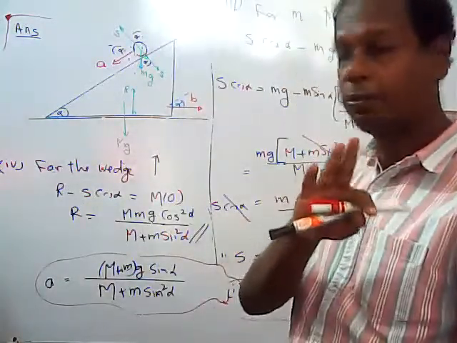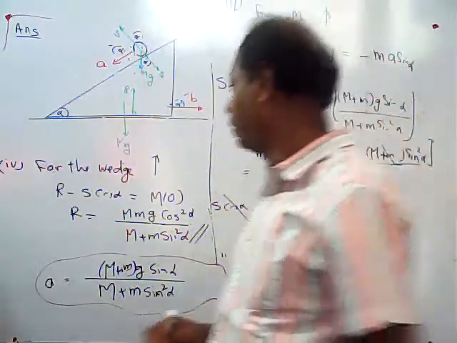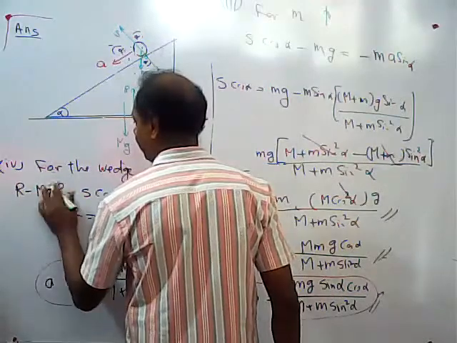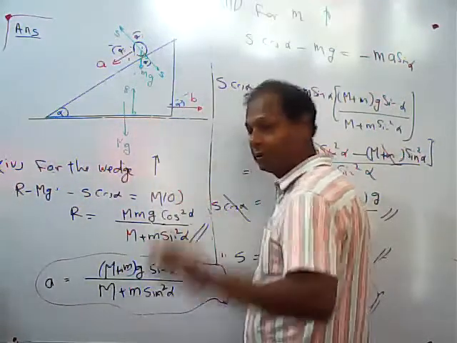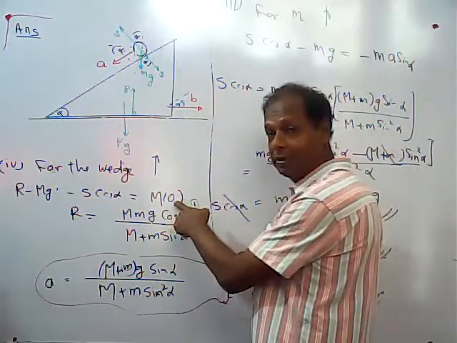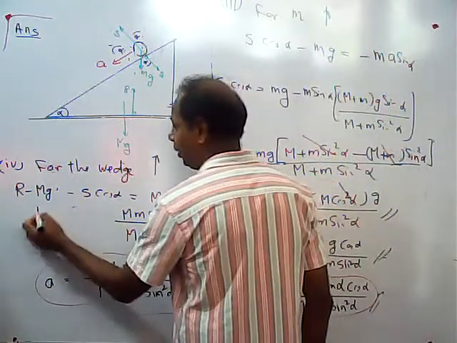For that case, you mean that? Yes, I'm sorry. R minus MG. Yes, correct. Sorry, I thought you were asking about this side. Sorry, MG should be there.